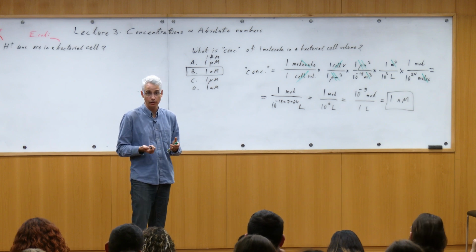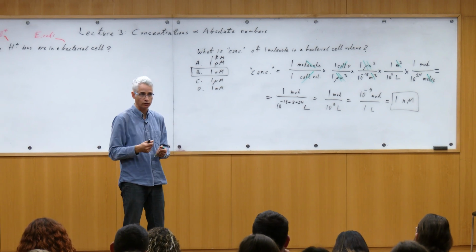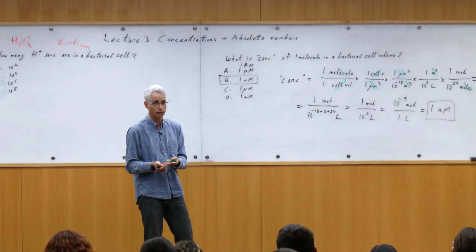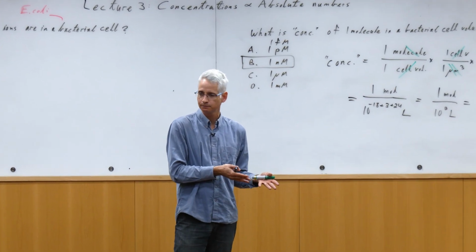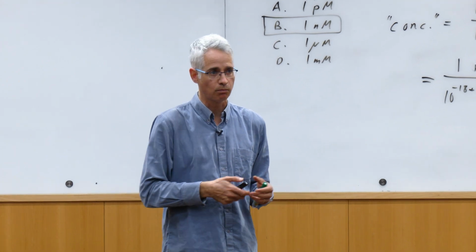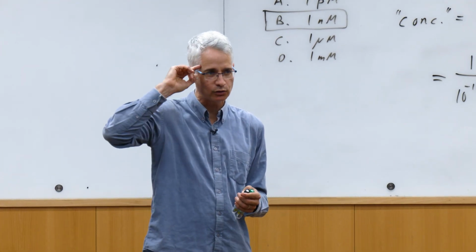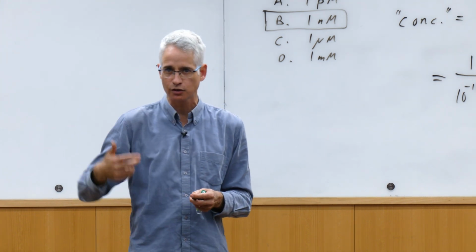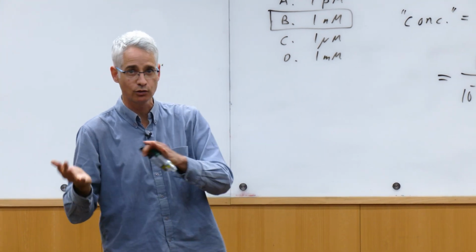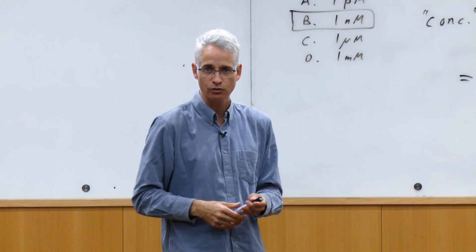You could also use it the other way around. If you have a concentration of something, you can infer the number of molecules that you have. So try to keep it in your hand next time you do an experiment and you have a concentration, and you can now easily convert it into an absolute number.